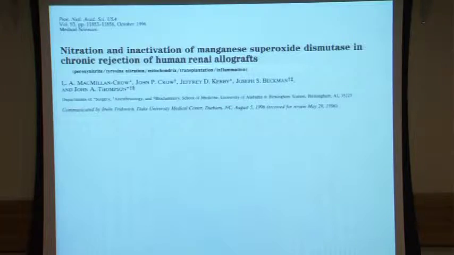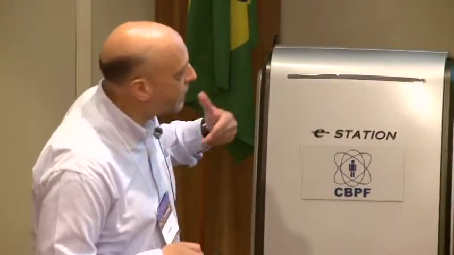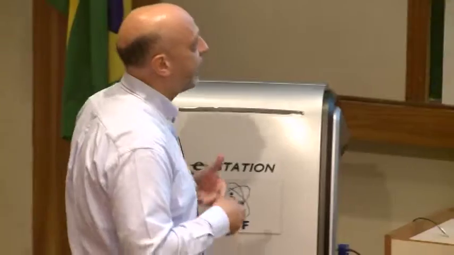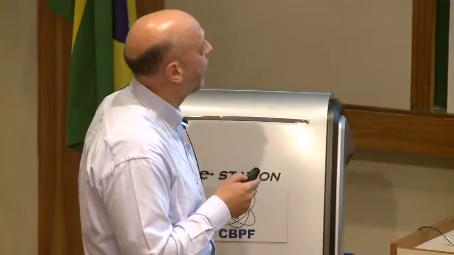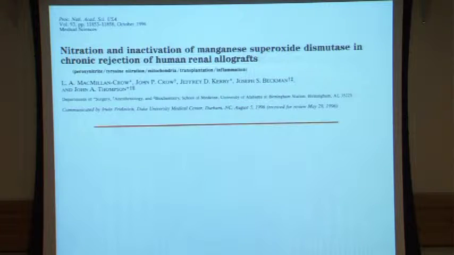During the resection process of the transplanted kidney, they purified mitochondria from these kidneys, and they were able to see nitration and inactivation of manganese superoxide dismutase in these kidneys of these human patients. And at the time, they proposed that nitrating species were formed inside mitochondria, and that this could facilitate the alterations of the function, and then the part of the resection can be due to these processes.